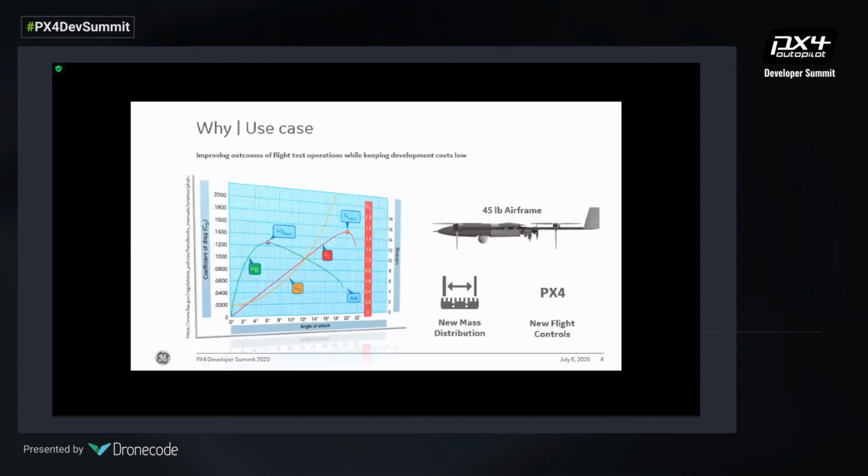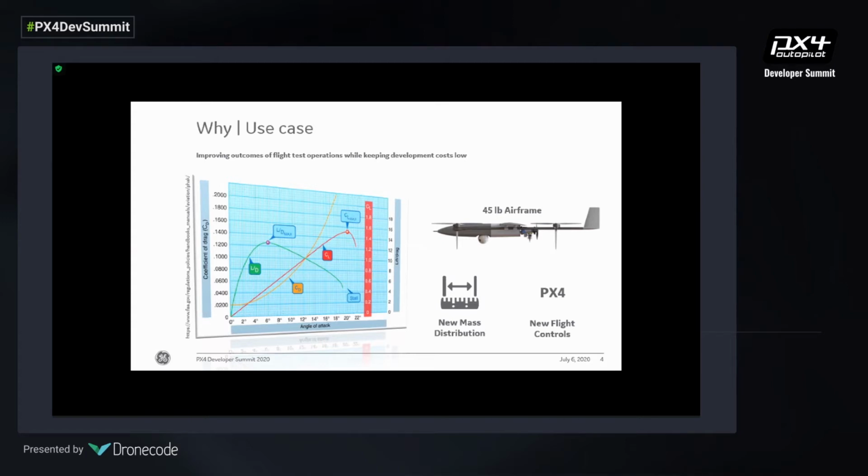So why? Why did we go down this path? We started this process about 9 months ago when we were integrating a new airframe with PX4 and new avionics and payload packages.